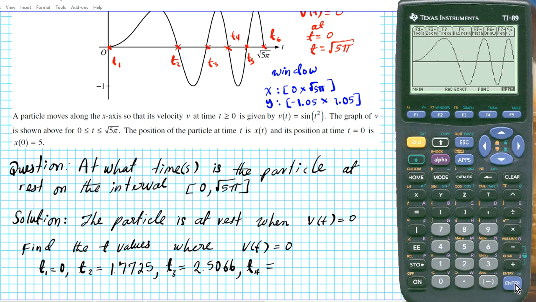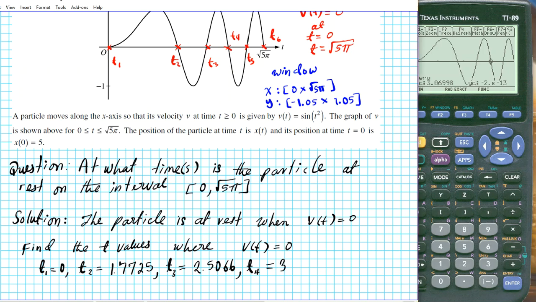Press enter. And it returns your desired 0, T4, which is 3.070 to 4 decimal places. Okay? So it's 3.07. Yeah, 3.07 is good enough. So we just have to round it up.